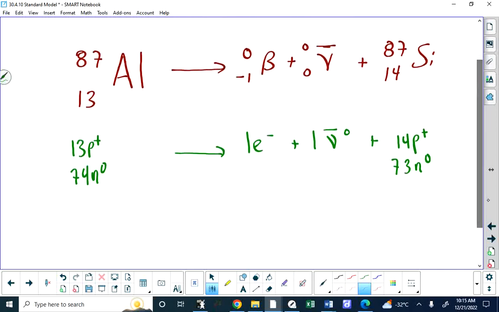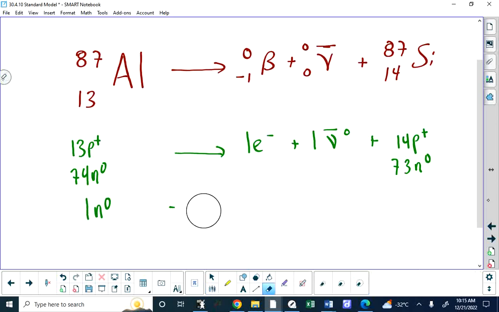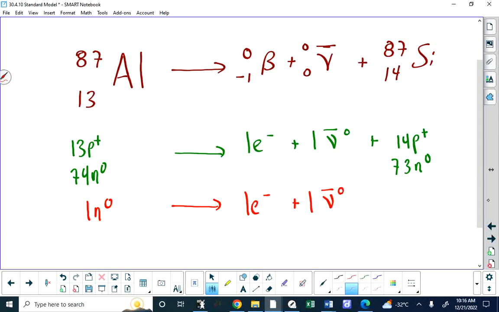And what we could do then is say, well, you know what? What's really happened is this. The net effect is that a neutron has transformed into an electron, an antineutrino, and a proton.